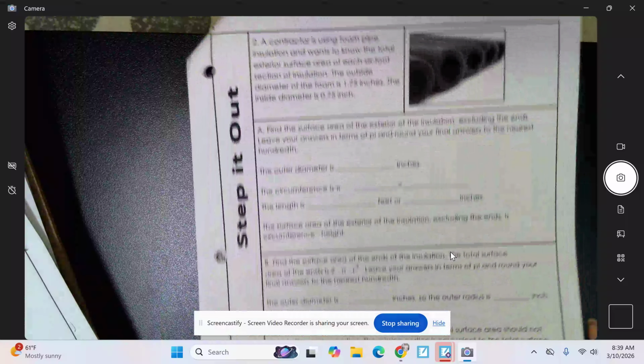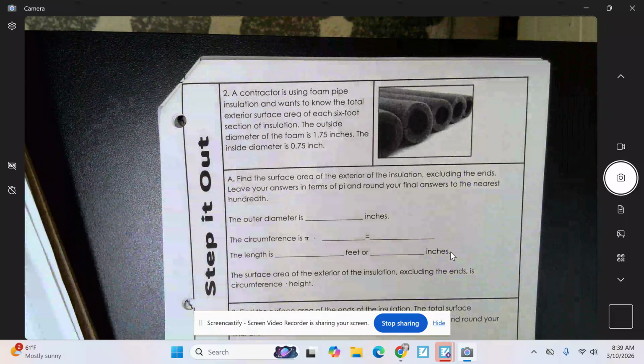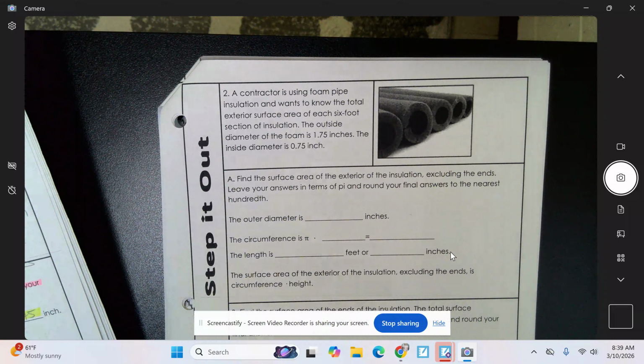This one's fun. I got a prop to help us out with this one. Alright, a contractor. Do y'all know what a contractor is? A contractor builds houses. Well, a contractor can be several different things.